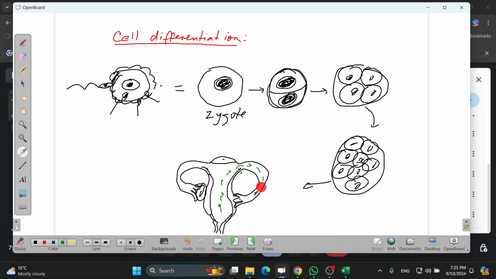So it is pushed through the fallopian tube, and as it is moving through the fallopian tube, it starts to divide. And then when it reaches here, guys, there will be a ball of cells, a whole bunch of cells, and all these cells are identical cells.